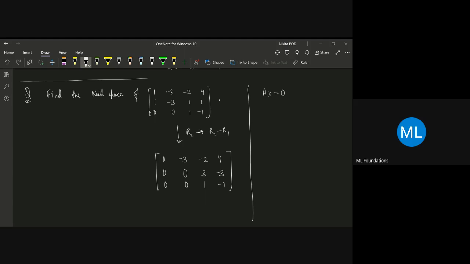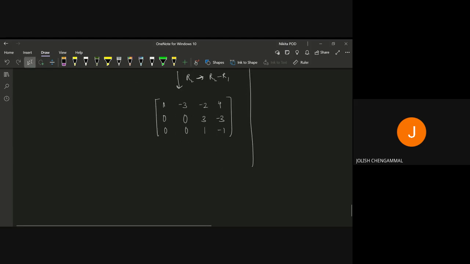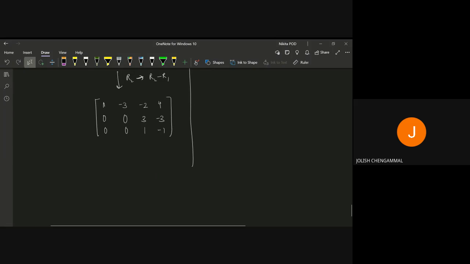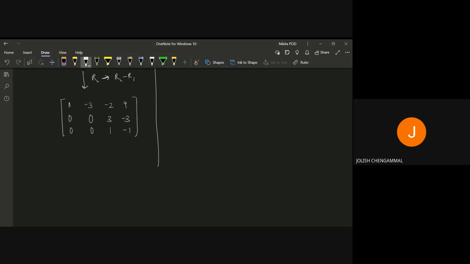The dimension of the matrix will be m cross n. So are you talking about the dimension of row space or column space? The maximum dimension in any space it can have is the number of columns, right? Yes, it's the number of columns.